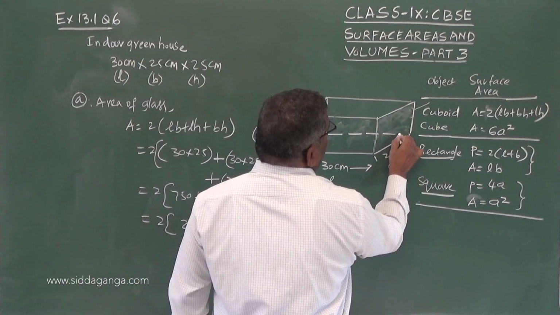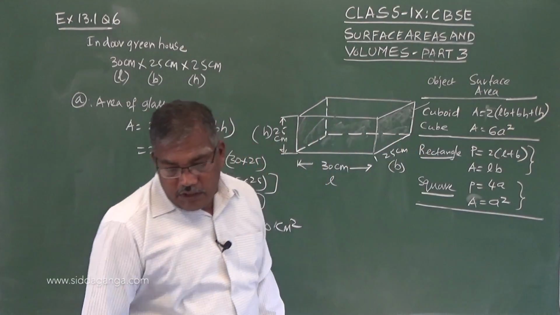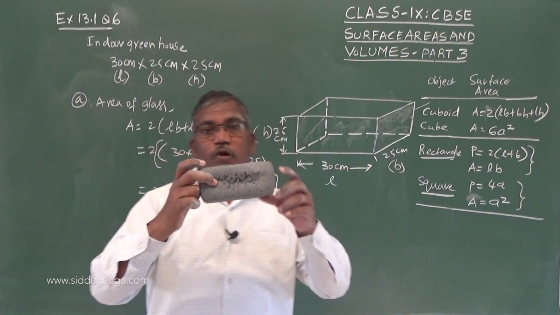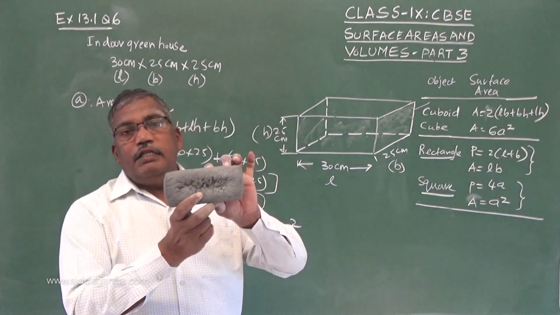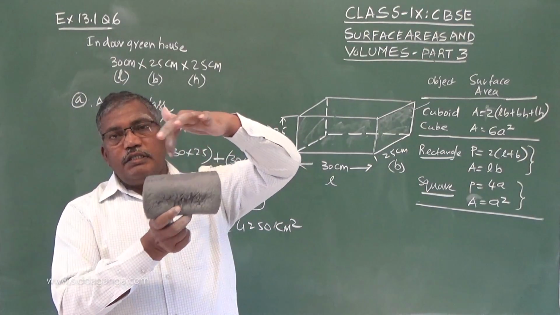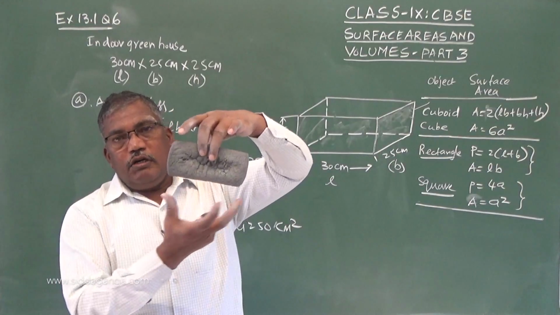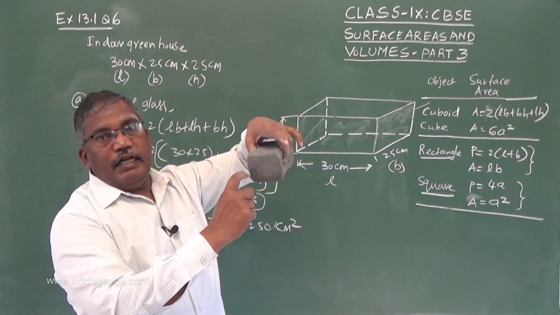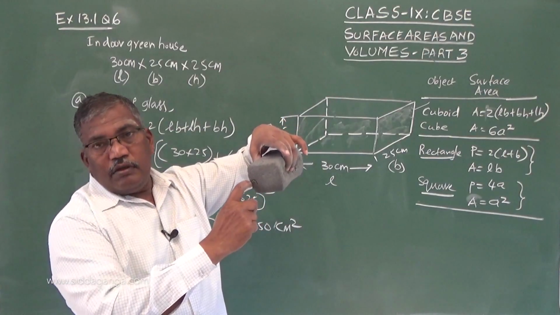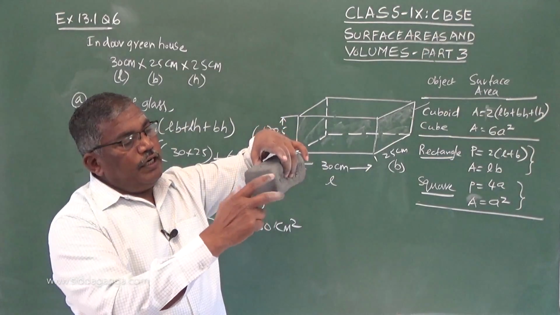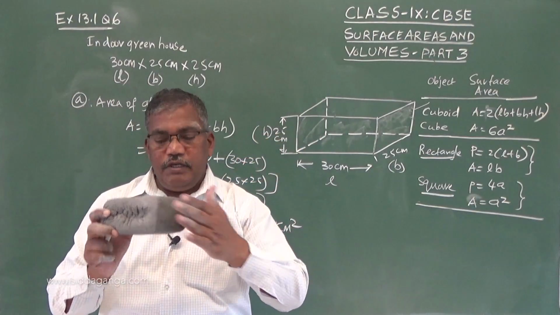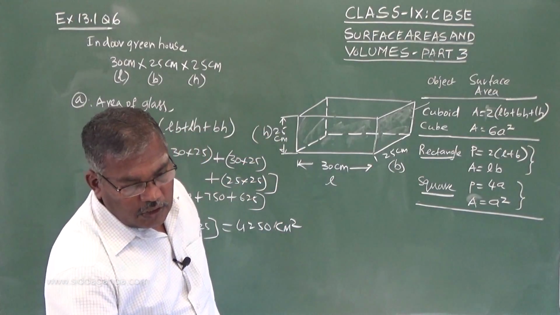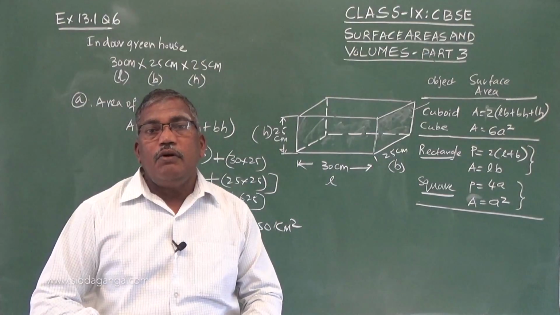See, at the top we have 4 edges, at the bottom 4 edges, on the lateral side 4 edges and on the other side 4 edges. So any cuboid will have 12 edges.